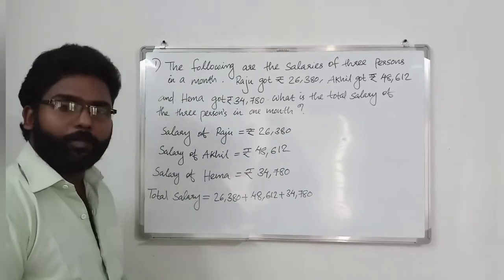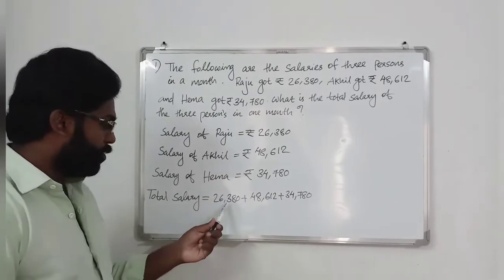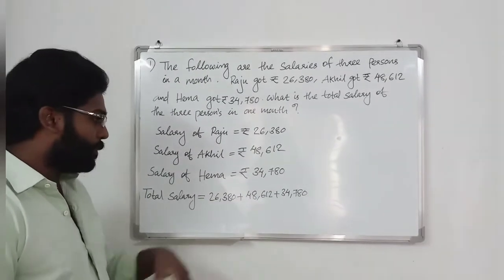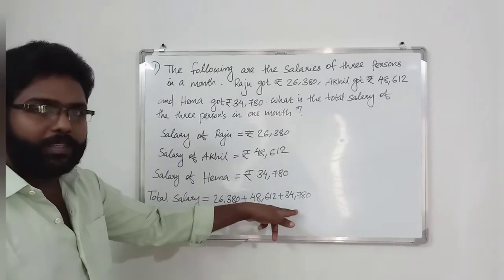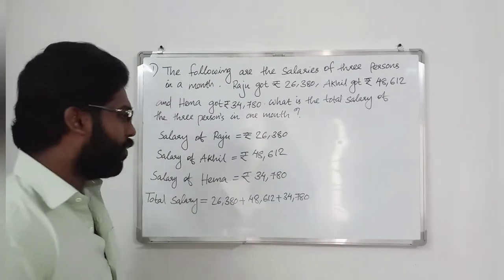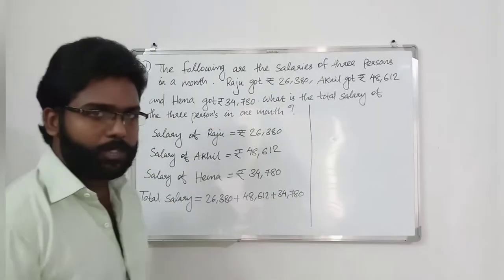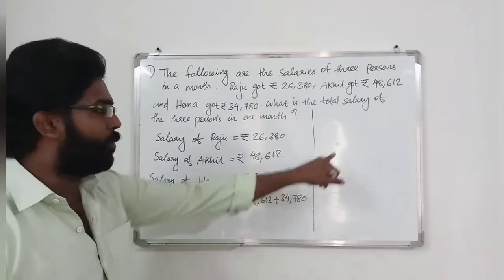How can we add 3 numbers? First we add 2 numbers, then we obtain an answer, then the 3rd number is added to the obtained answer. Okay, we will do the calculations. For all problems, you must do the calculation in the margin.